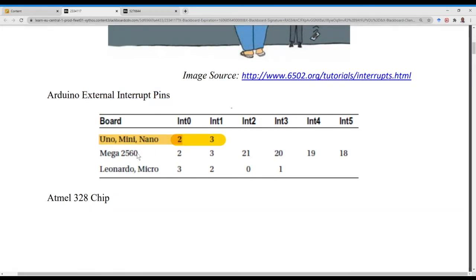And we talk about the fact that we've got different types of Arduino boards, but we are interested in the Arduino Uno R3, which has the ATmega328 chip. For the Mega, for example, you've got 5 interrupts, and I did show you a picture of the Arduino Mega because by now I expect you to know that you have alternative options. So you've got 5 interrupts that you can use, and these are the pins that the interrupts are connected to.